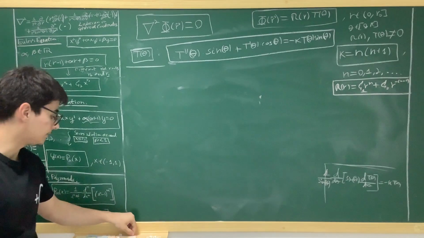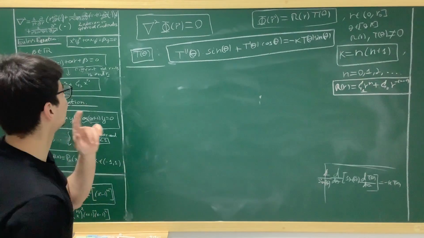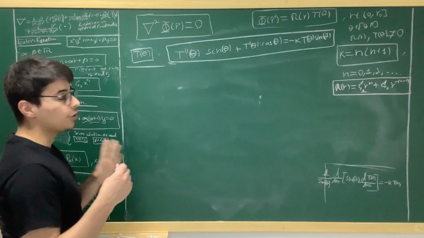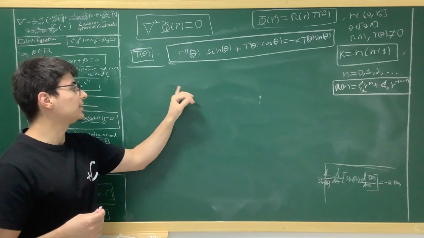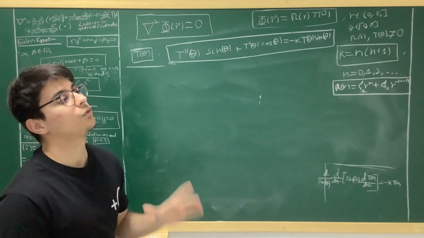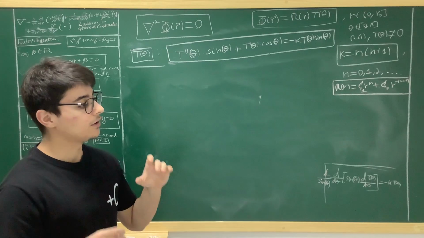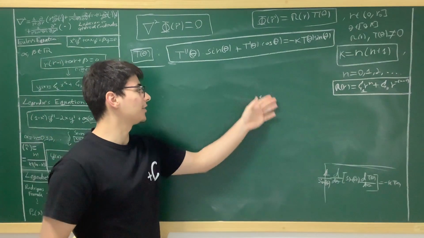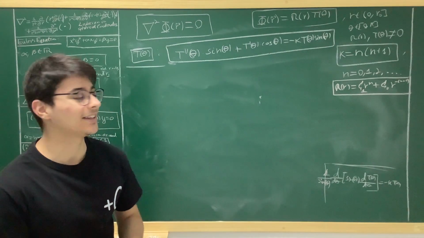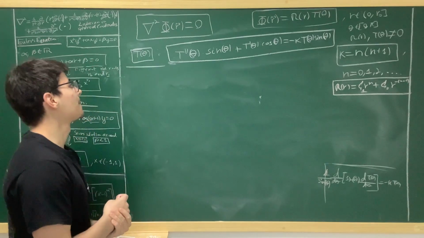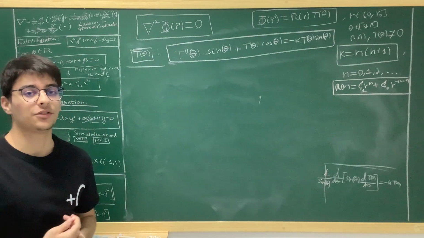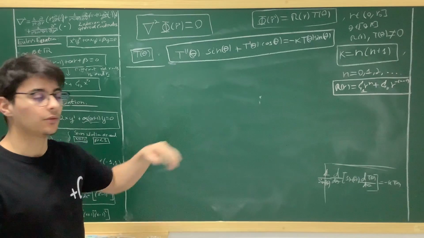And how are we going to do it? Well, we're going to make this following change of variables. Notice that when making change of variables in differential equations, you have to have the chain rule really present. If you know what the chain rule is, just go on my channel, I have a proof on it, and it's actually a really fun proof. But you have to take it really into account, and we're going to see how we do it.